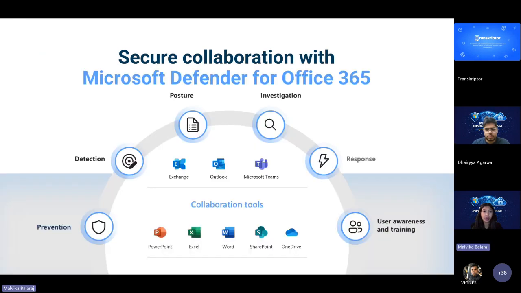Now let's talk about how we approach this from Defender for Office. We're following a similar model we use for email security. We're first focusing on prevention by addressing any known threats and integrating protective measures.